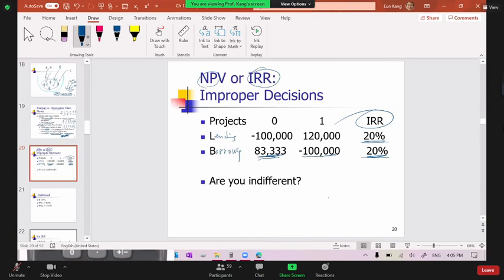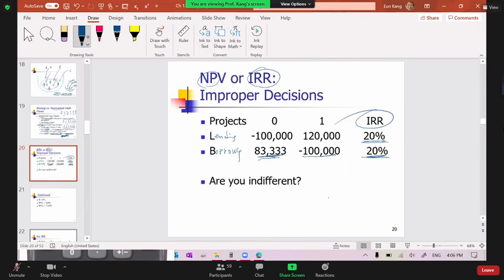So lending, you invest, you get 20%, so the sign is positive. But borrowing is 20%, but actually you are paying 20%, so that is negative. That's another difference between IRR and return.